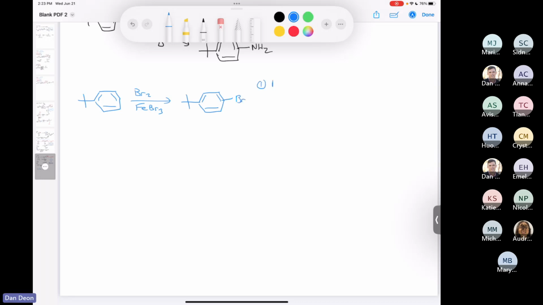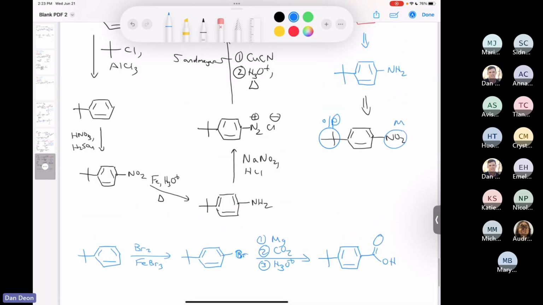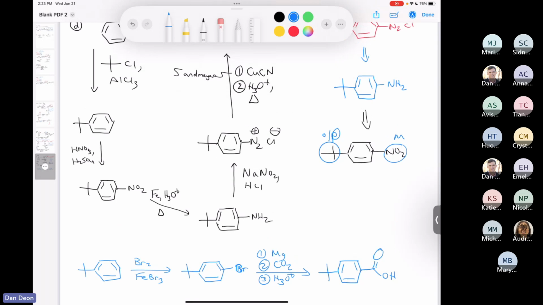Then you could treat it with magnesium, followed by solid CO2, followed by aqueous acid. You could do some Grignard chemistry, and that would convert the bromide into the carboxylic acid. There's nothing wrong with either of those routes. It's just that you do have to know the Sandmeyer chemistry, so they wanted us to practice that in here.